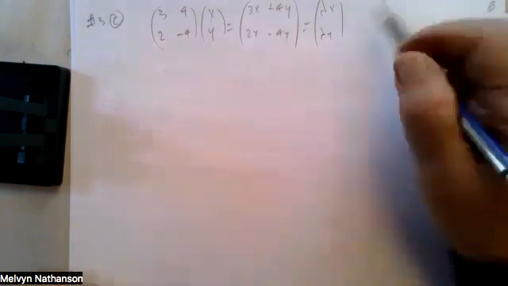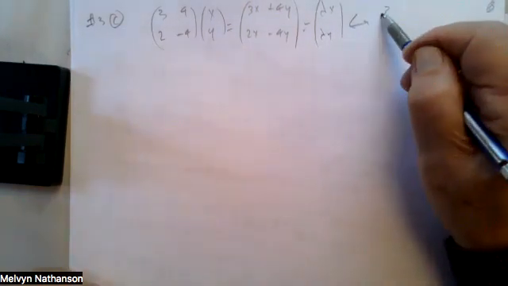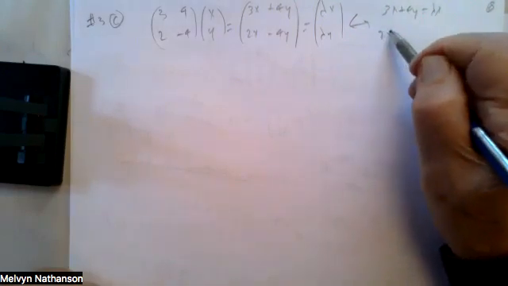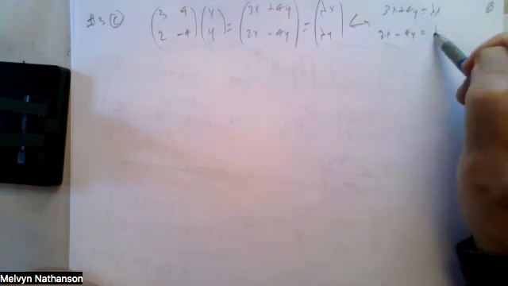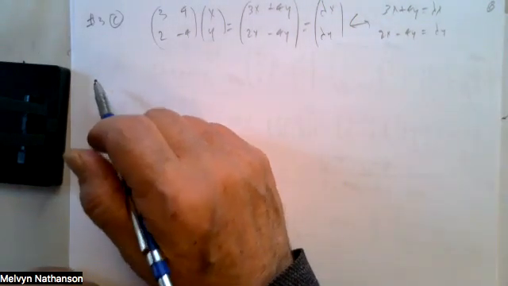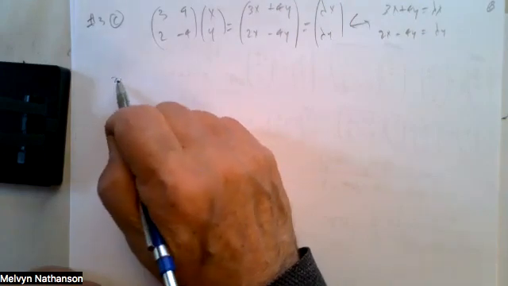So this corresponds to the equations 3x plus 4y equals lambda x, 2x minus 4y equals lambda y. So we're looking at two equations and two unknowns that are homogeneous.